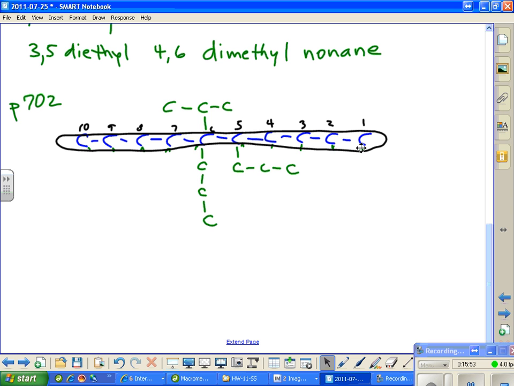So let's go ahead and look at this now. And what are the names of our groups? First of all, who's on 5? Propyl. Good. Who's on 6? Propyl and? This baby is not propyl.